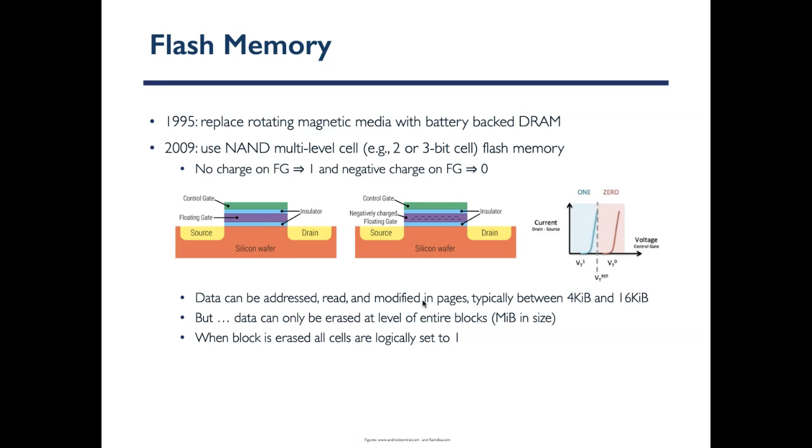When you're talking about SSDs and flash memories, usually the unit is called a page. So we're going to use physical page, the same term that we used for physical memory. The size of a page varies across different technologies and different flash disks.